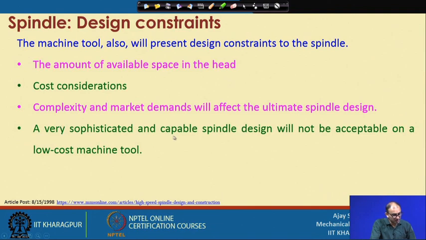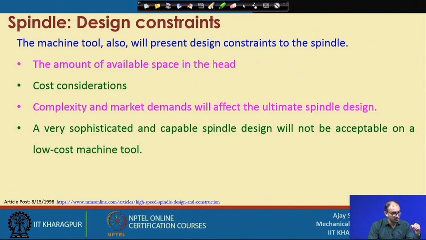A very sophisticated and capable spindle design will not be acceptable on a low cost machine tool. That is very important, because suppose you have a spindle rotating at 50,000 RPM, but your machine tool does not have that much stiffness. We have seen in the different components that your base should be polymer granite, and you have different types of motion.